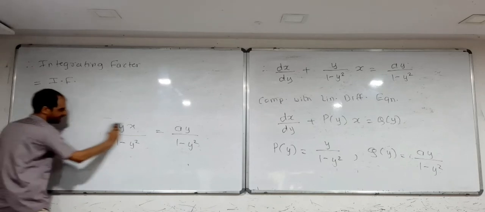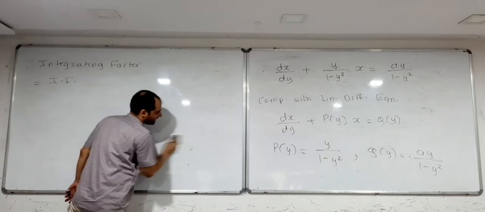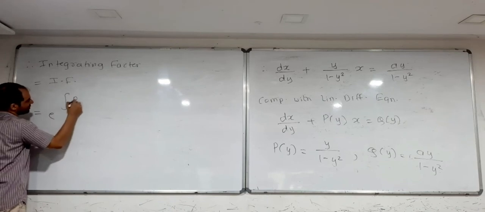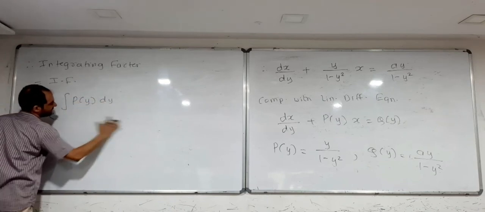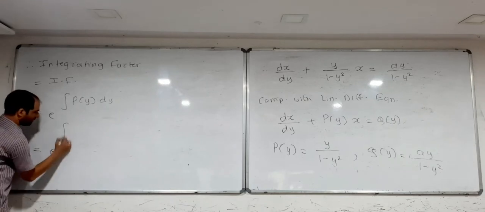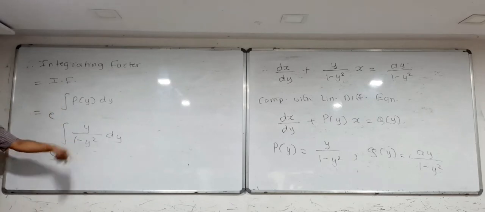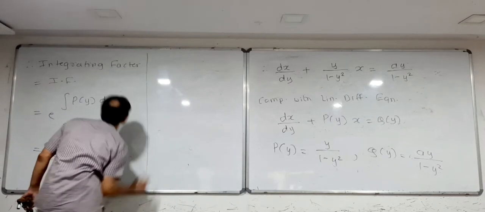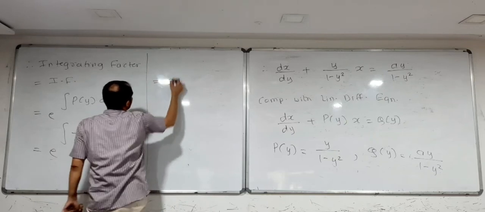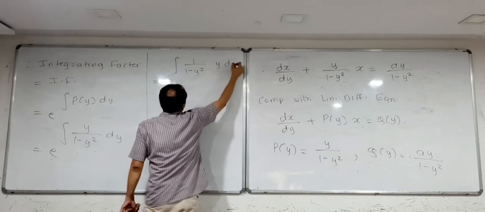So e raised to integration of y upon 1 minus y square dy. Now you have to take 1 minus y square as t. So e raised to integration of 1 upon 1 minus y square into y dy.